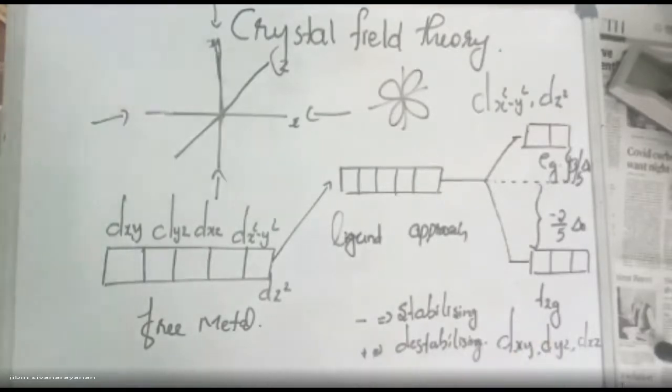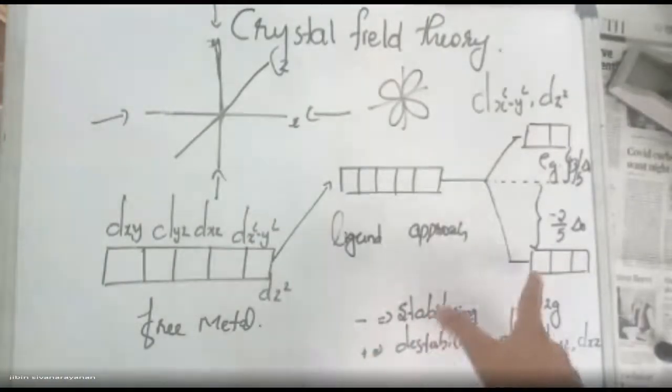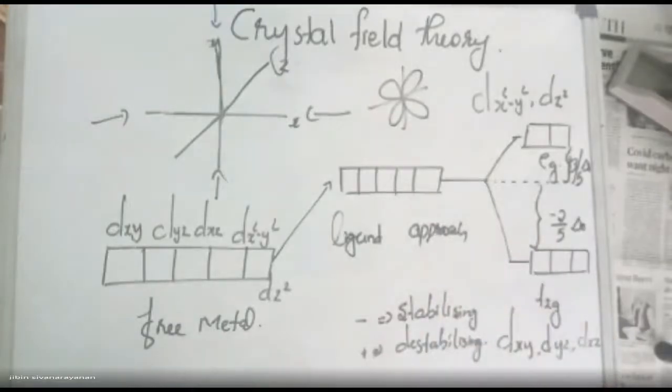We are just making a comparison between the orbitals present in the axis and in the plane. The 3 orbitals present in the plane are stabilized by minus 2 by 5 delta O. They are dxy, dyz, and dxz.